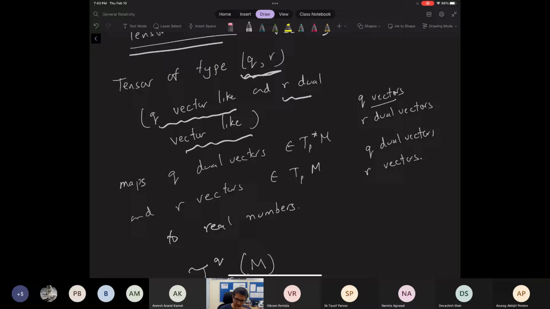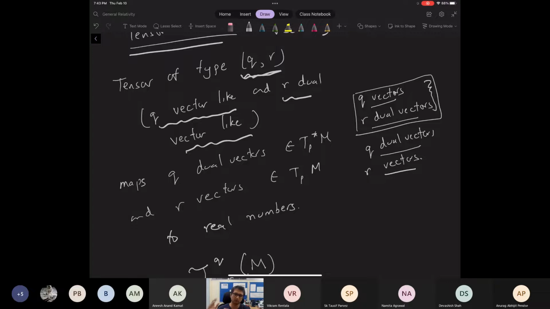Each of these vectors would act on a dual vector and return a number, and each of these R dual vectors would act on vectors and return a number. What you can do is define a tensor product of vectors and dual vectors, and that defines a notion of a tensor. Or you can define tensor products of vectors, and that also defines a notion of a tensor.